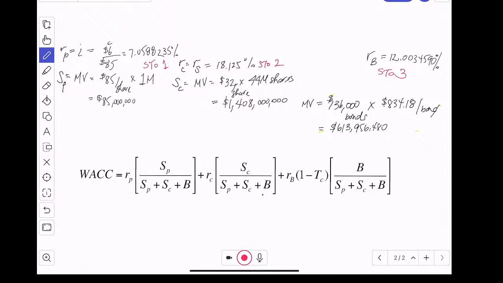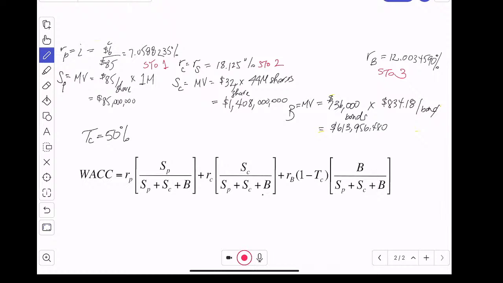Okay, so I use RC instead, common rather than share or stock, because there are two types of stock. And this one is obviously RB, and so this is B. TC is 50%. And that's all you need.